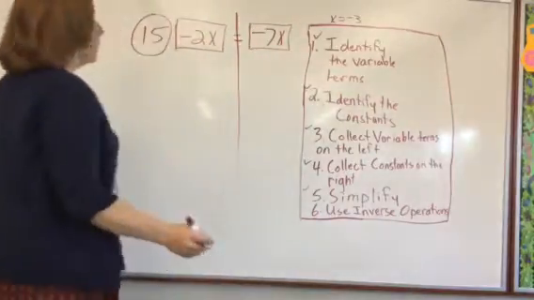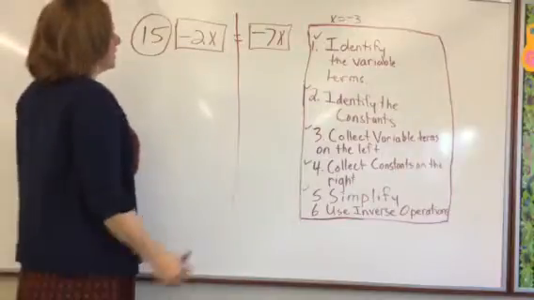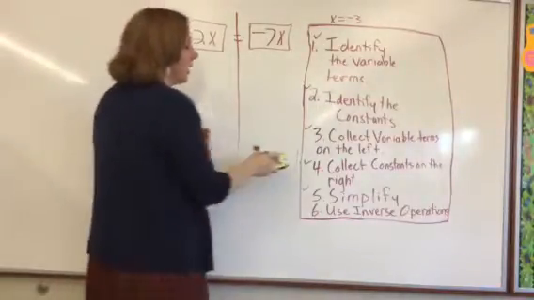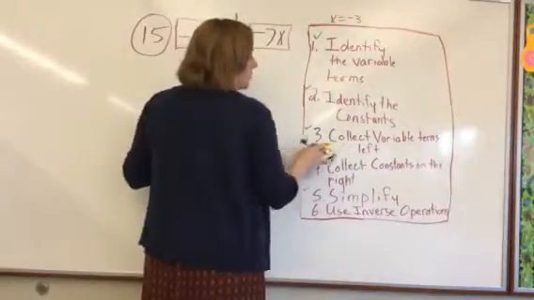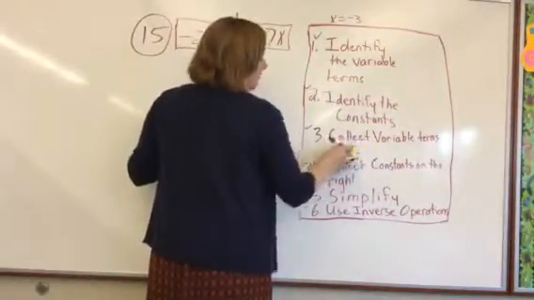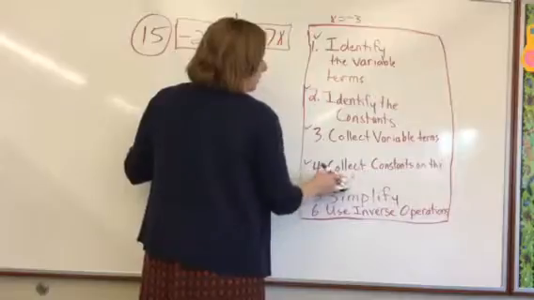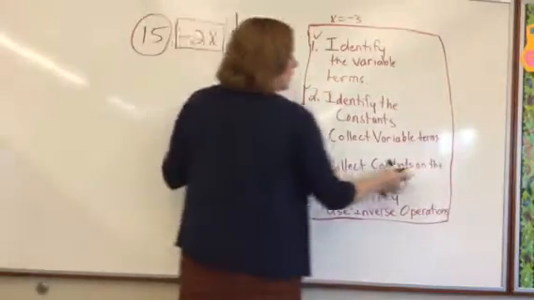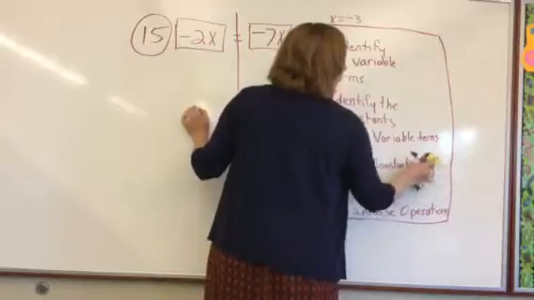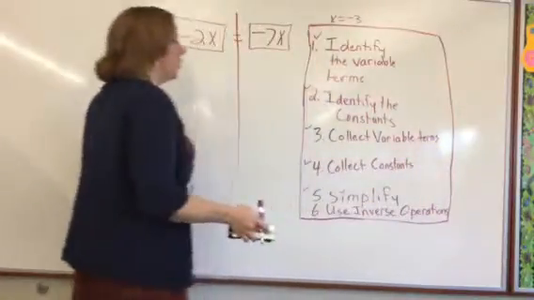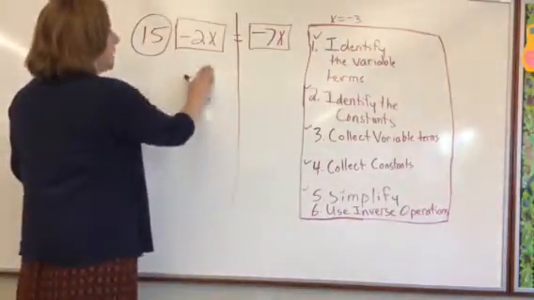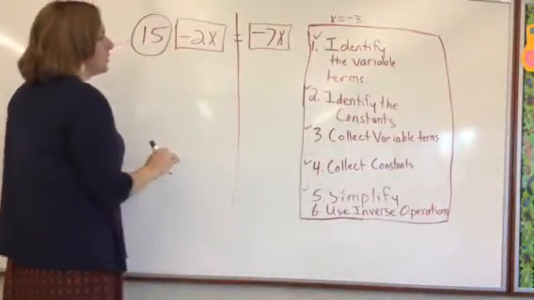Okay, what I'm going to do now is look at this a little bit of a different way. I'm not going to worry about the side of the equation that things are on. This is an option, and this is something that as you move through algebra and through math, you're going to learn why this is important to know. 15 minus 2x equals negative 7x.